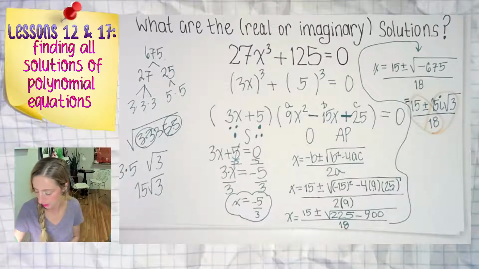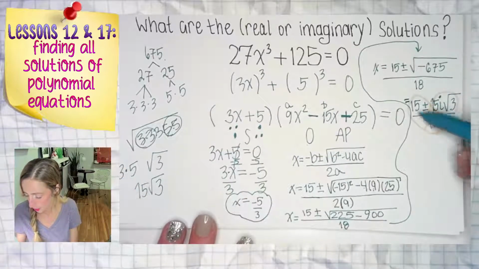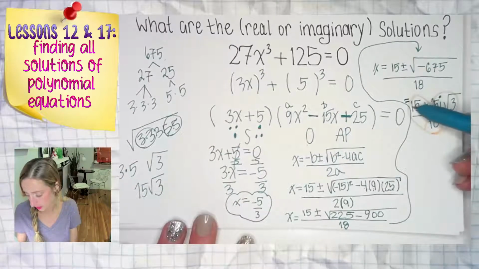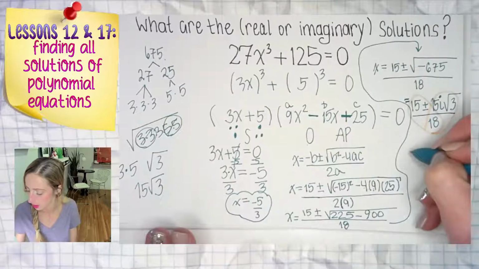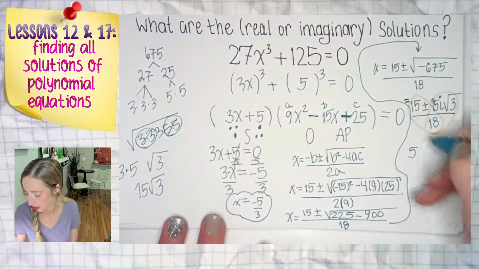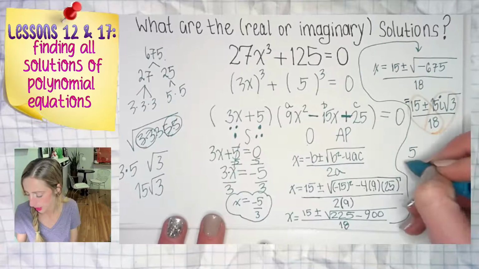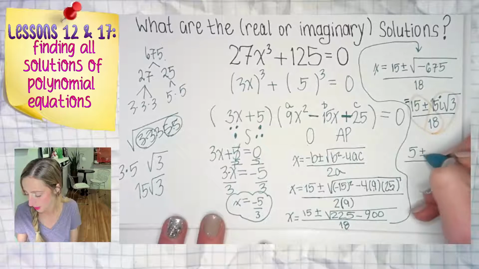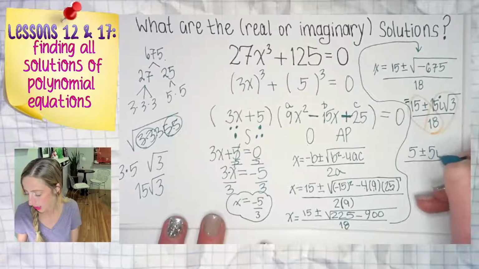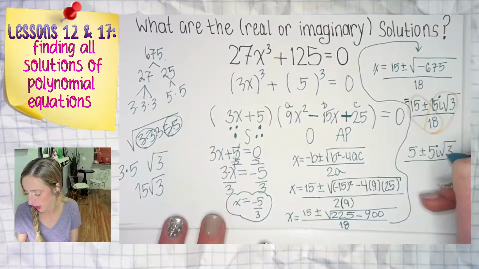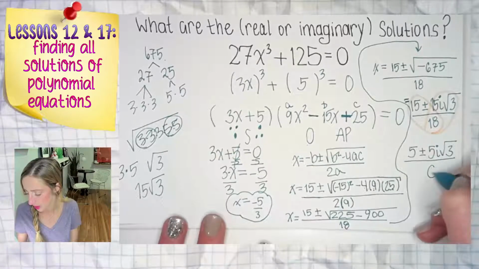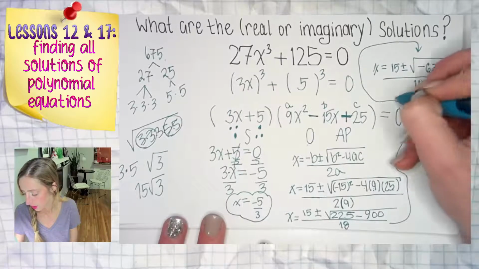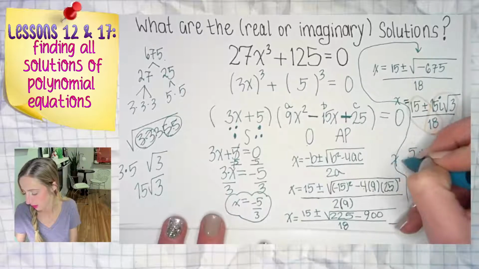Same technique. What can I reduce over here with 15 over 18? They both have a 3 in them. Good. Both divide by 3. So we have 5 plus minus 5i square root 3. Take a 3 out of this. What's left? 6. So that's still x equals and x equals.